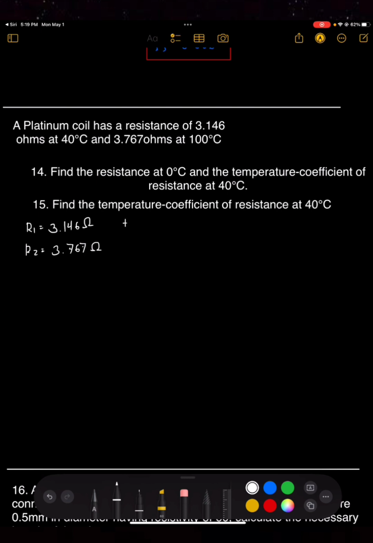So the temperature 1 is at 40 degrees and temperature 2 is at 100 degrees Celsius. So first we use the equation R2 is equals to R1 times 1 plus alpha times T2 minus T1.